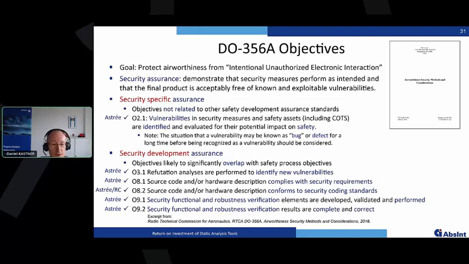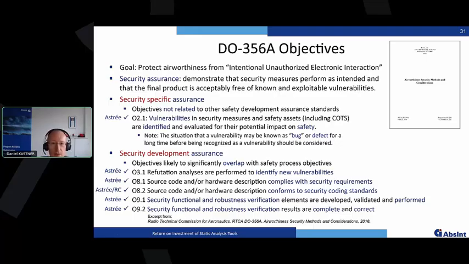We have here refutation analysis, so you have to show the absence of bad behavior to identify vulnerabilities. So again, this is a topic which is addressed by Astrée. Code guideline checking, as mentioned. Compliance to security requirements, like, for example, no unauthorized access. So you can see also to these objectives, static analysis tools can contribute.